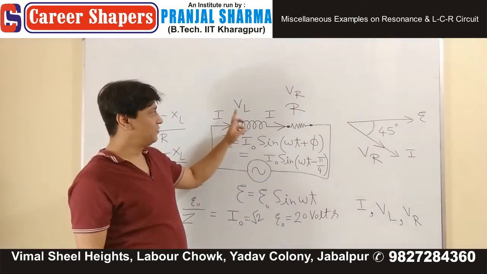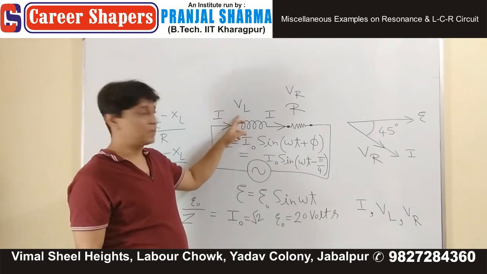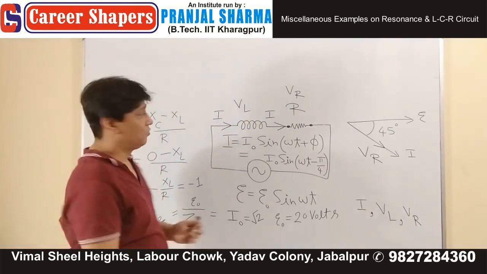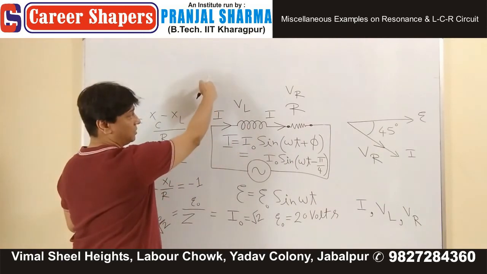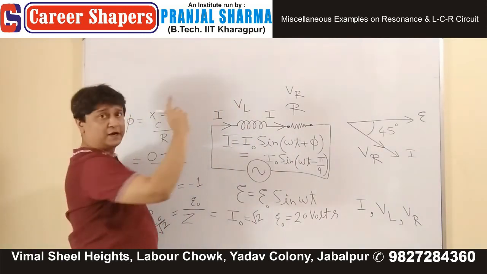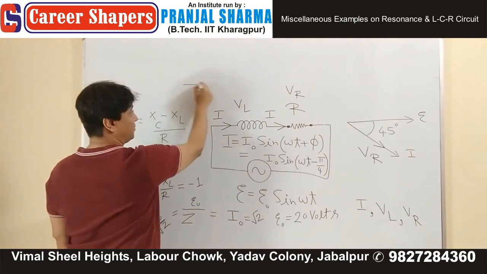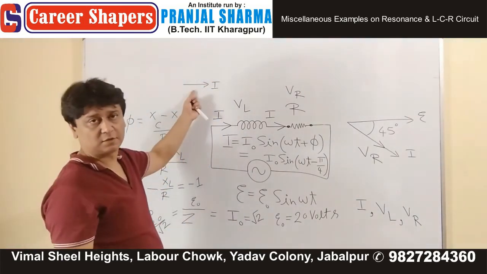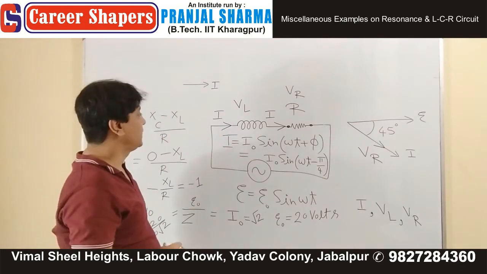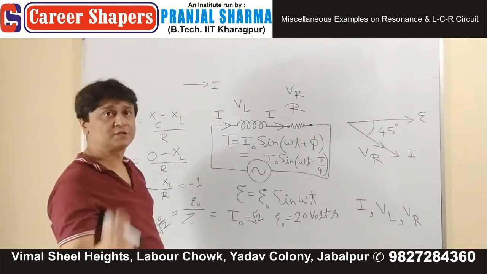So if you say VL and I for an inductor, look here, if somebody gives you current with an arrow like this, then you know that current is something which lags behind.